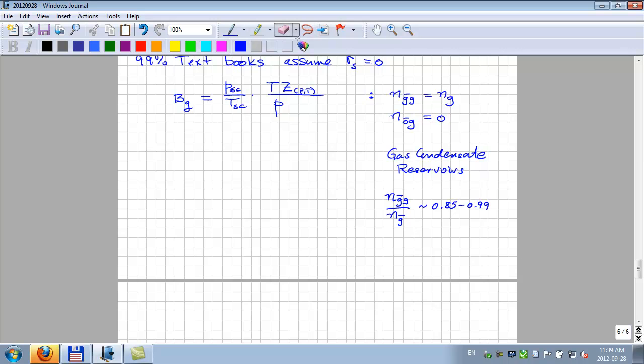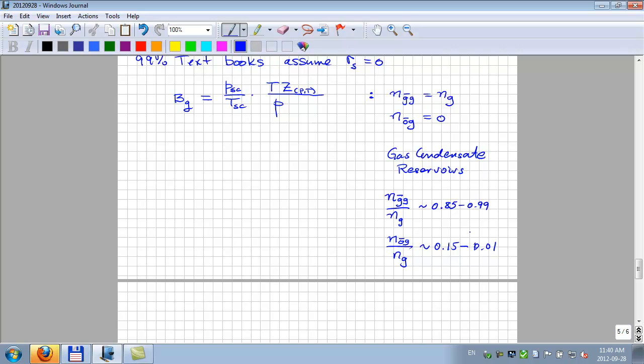I'm sorry, that's not written correctly. This should be of the total gas, of the gas phase. Which means that of the total gas phase, what becomes oil is in the range from 15% to 1% for gas condensates. But even with 1% turning into a condensate gives you a lot more money. Okay? Because you get so much more money per mole sold as a liquid.